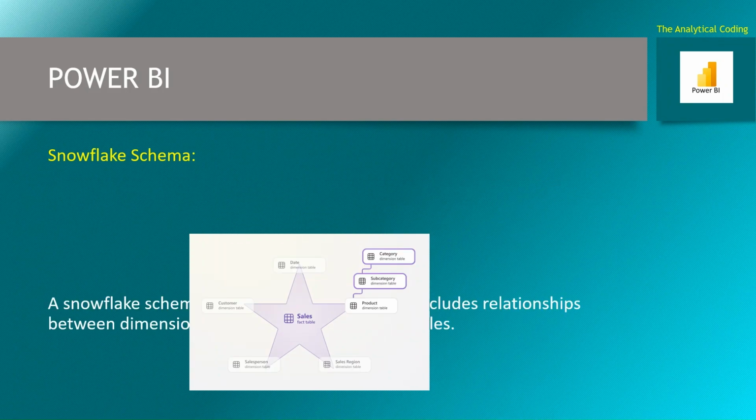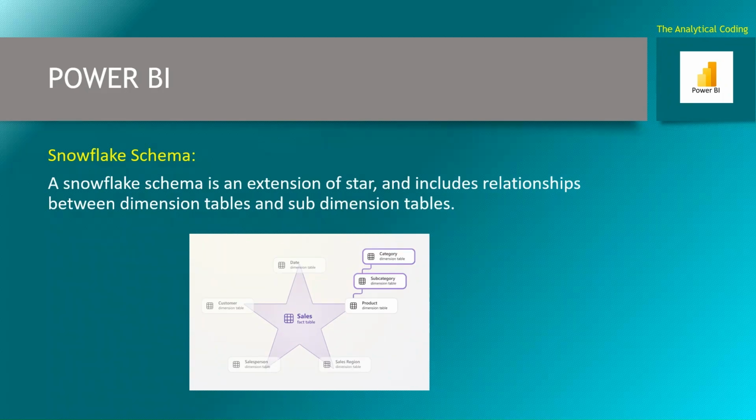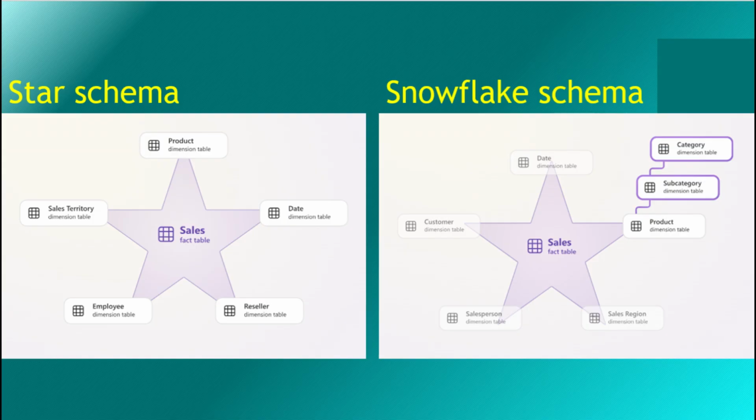A snowflake schema is an extension of a star schema and includes the relationships between the dimension tables and subdimension tables, which you can see clearly. Consider that each Power BI report visual generates a query that is sent to the Power BI semantic model. Generally, queries filter, group and summarize the model data.